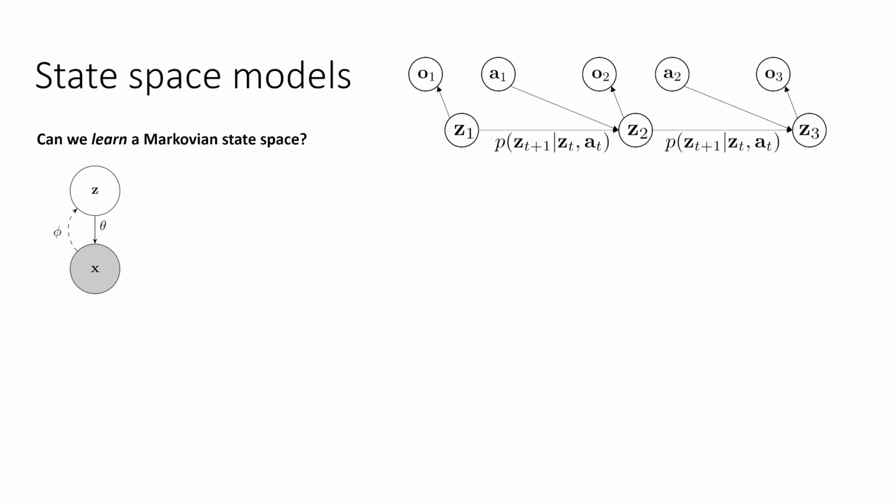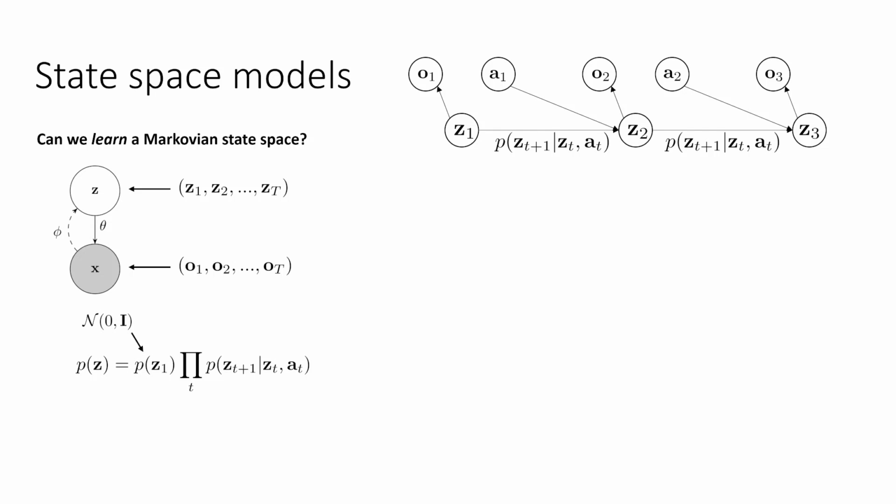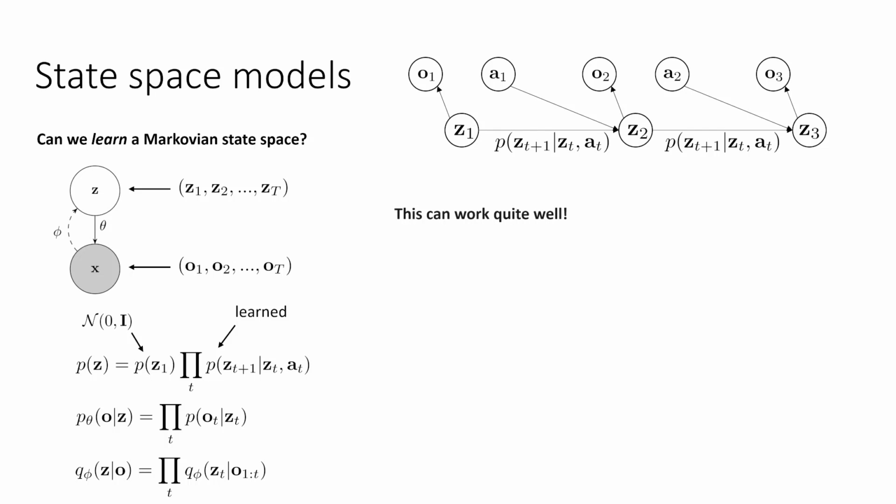So if we train, for example, a sequence VAE, where the observables are sequences of observations and the hidden states are sequences of latent states, where we have dynamics on the latent space, with maybe a 0 mean unit variance prior on the initial state and some learned transition probability, which is Markovian, and an observation probability that models the distribution of an observation given the current hidden state, and an encoder to encode a history of observations into the current hidden state, then these Z's will actually represent a Markovian state of the environment.